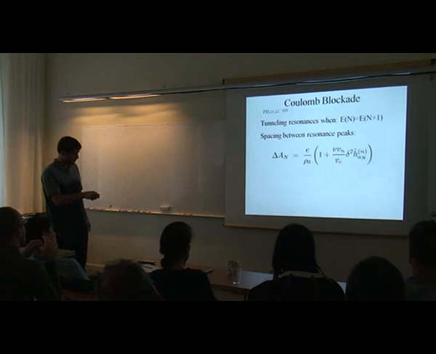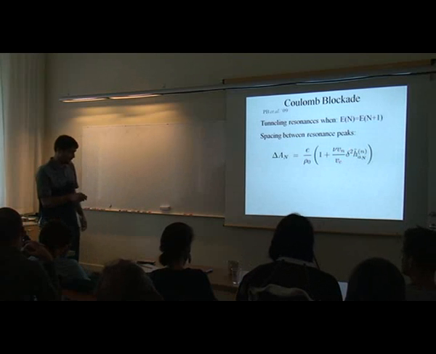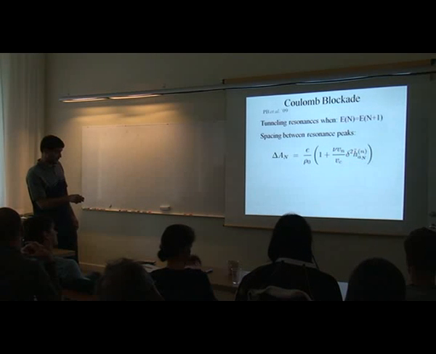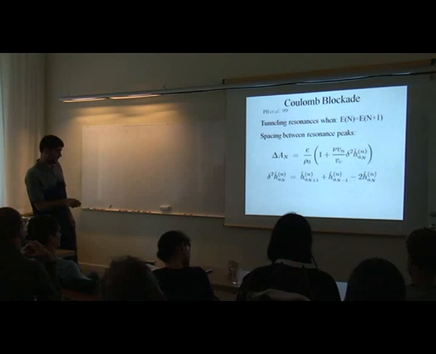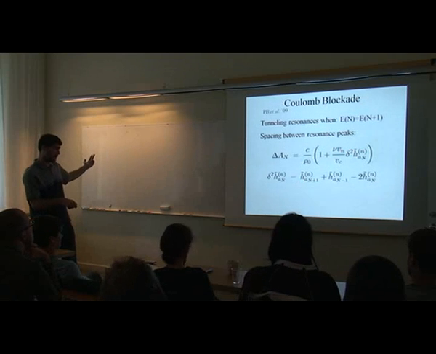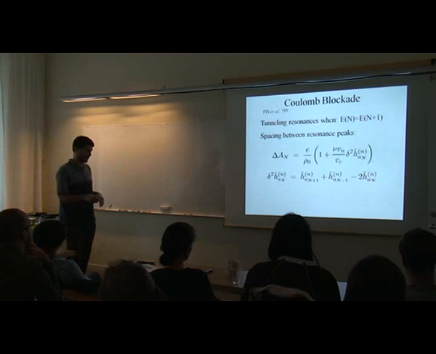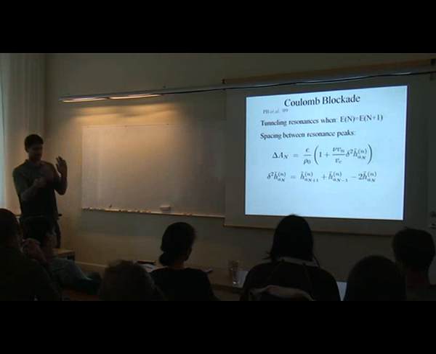So here you have the neutral velocity divided by the charge velocity, and this delta square h is given by this expression, where it's basically the conformal weight for the charge you would have at one higher electron number plus the conformal weight for one lower electron number, minus twice the conformal weight for the electron number that you're at, and that'll give you the spacing.